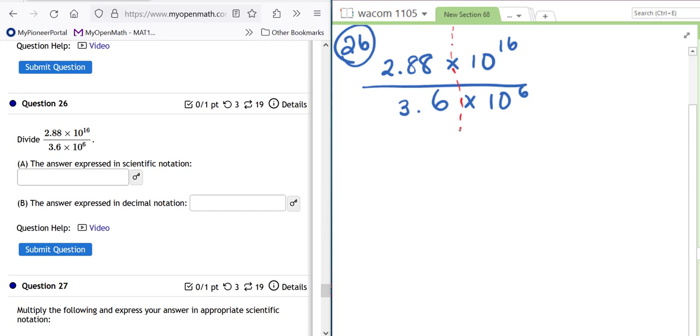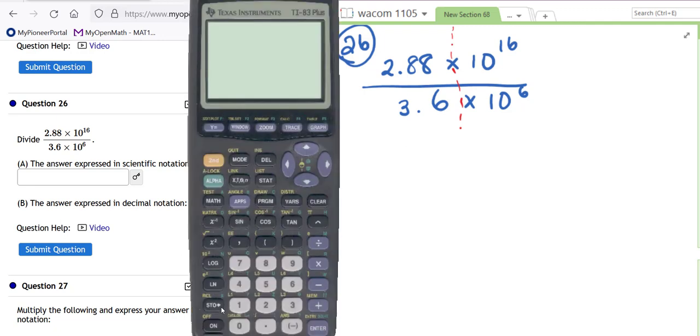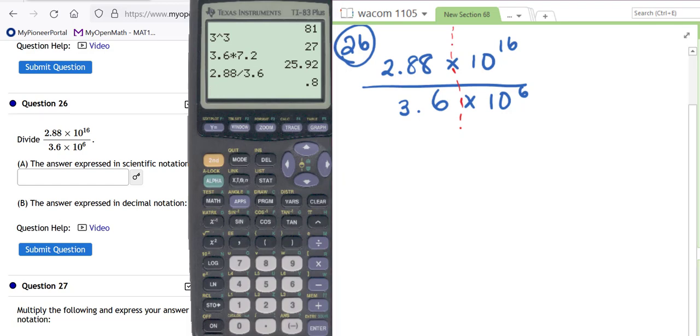So I'm going to do numbers, and then I'm going to do my powers of 10. For the numbers I need to divide, so I'm going to go in my calculator. So I have 2.88 divided by 3.6 equals 0.8. Right, and these I'm going to subtract top to bottom. So 10 minus 16 minus 6 gives me 10.